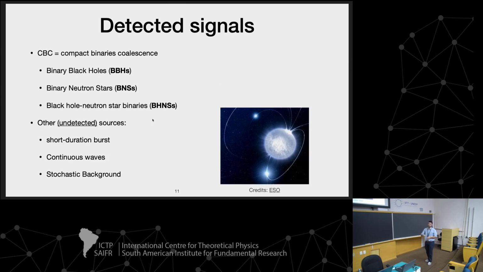For example, short duration bursts, like a burst of gravitational waves that can be emitted through supernova explosions. Continuous waves, so waves that are basically fixed frequency, could be wide binaries or neutron stars, as in the image I'm putting there, a neutron star with an asymmetry, a mountain basically, can produce gravitational waves. And the stochastic background that, in first approximation, is whatever you do not detect. So this is undetected, but they also emit gravitational waves.